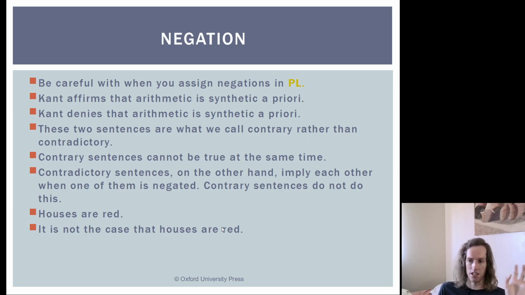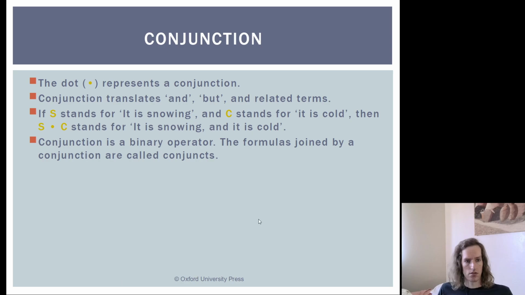But for our purposes, negation should be understood in this way, where a sentence and its negation are the only two possibilities. There can't be a third term. And if there could be a third term, then we would have to think about regimenting it in a different way.